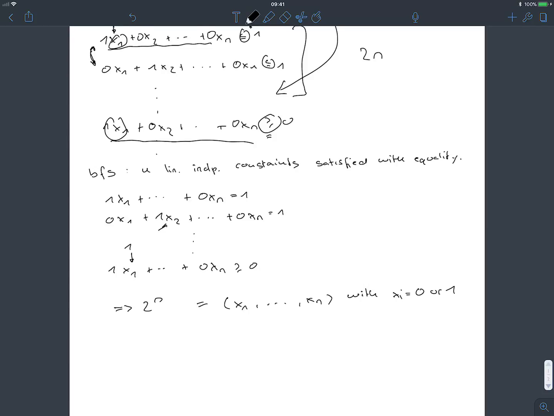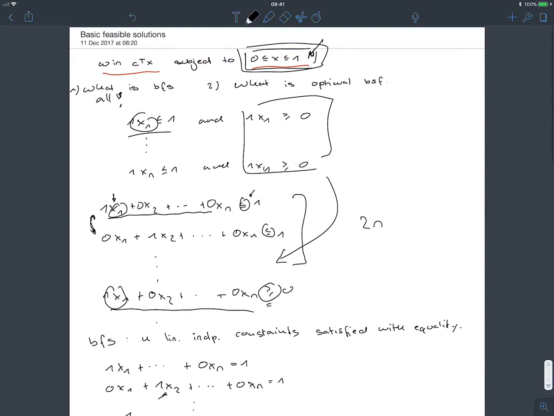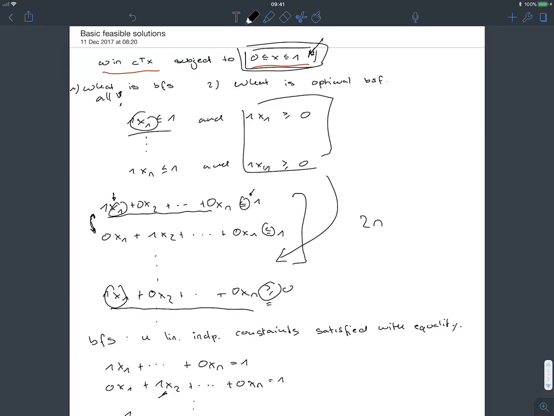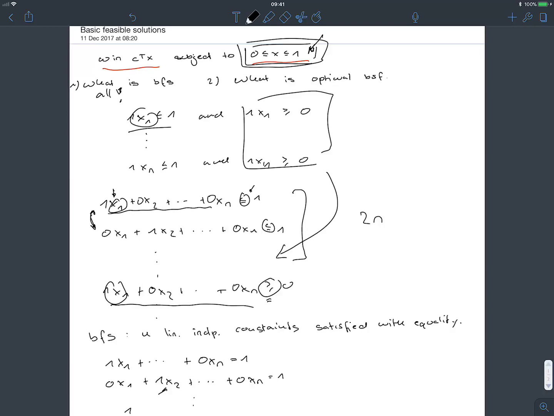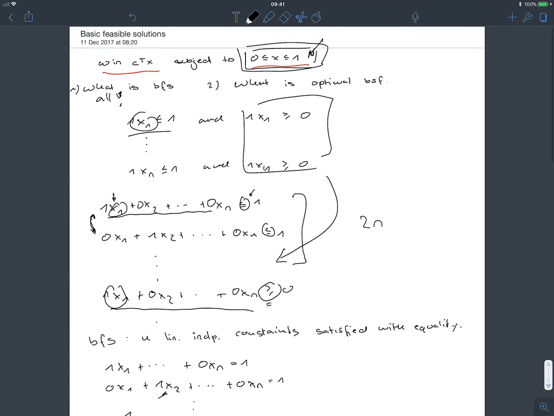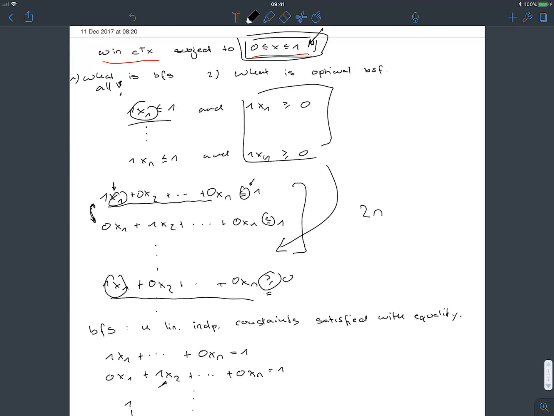Now let's look at our objective: minimize c transpose x. Let's think about it for a moment. We want as low a value as possible. So if we know that c is in R to the n, we can have negative values.